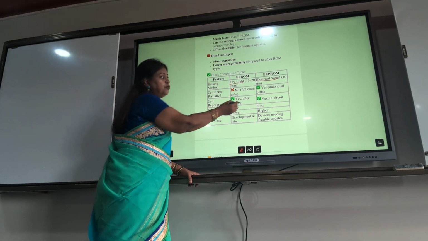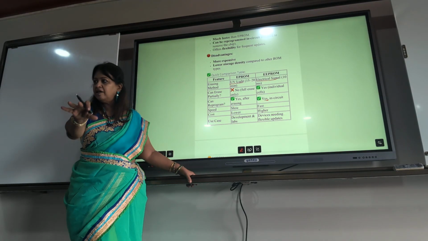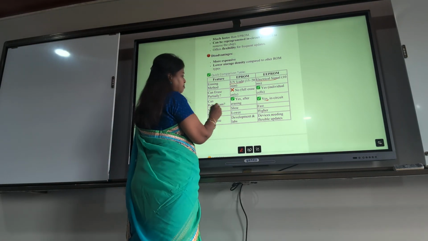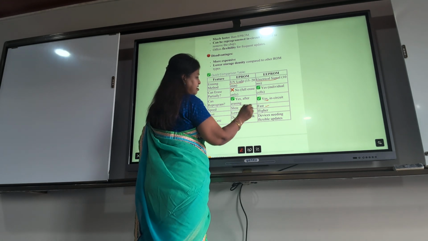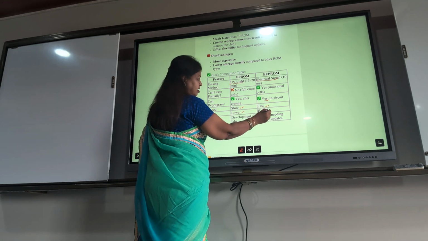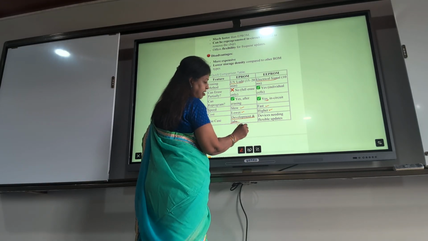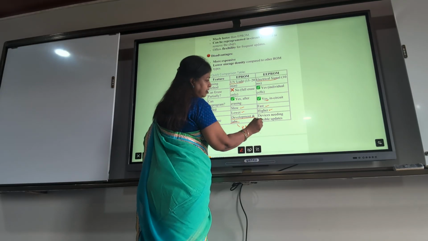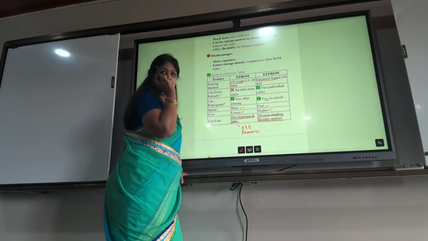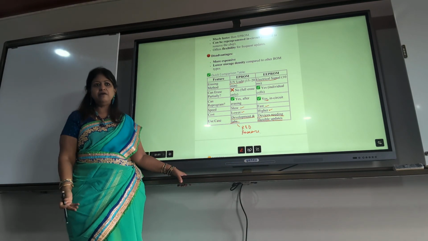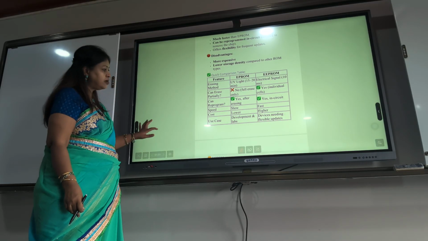I don't have to remove it from the circuit; I can keep it in the circuit and do it. Speed is slow versus fast. Cost is lower versus higher. The use cases are development and labs, that means R&D, research, versus flexible updates. When you want to change some updates, you can, because it is possible.